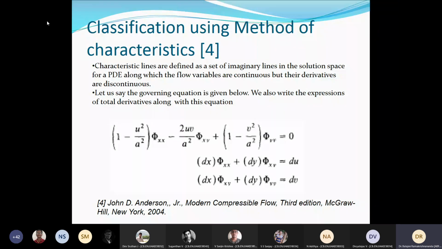Now phi y, dou phi by dou y, is v. Phi x, dou phi by dou x, is u. If you substitute all these, the last two equations can be framed. The first equation is nothing but the full potential equation. We make approximations to this, then we get the Laplace equation.